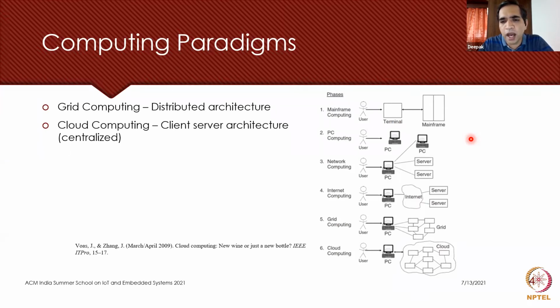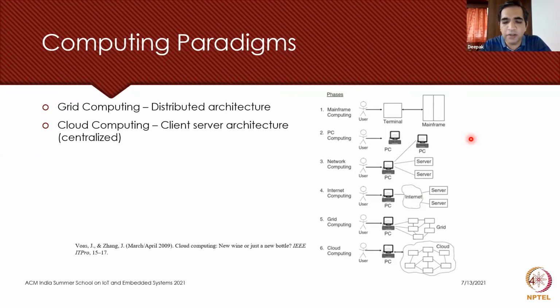This of course brought a lot of improvement in terms of what could be done and how things could be scaled in terms of computing. But we could go further, right? Why stop at one local area network? So then people started connecting different local area networks.